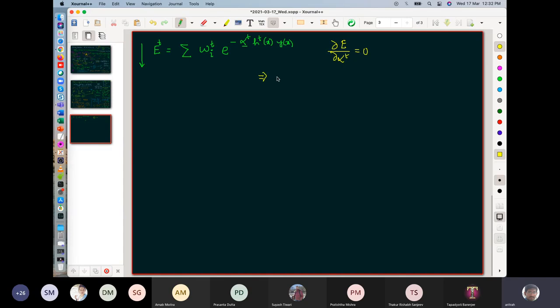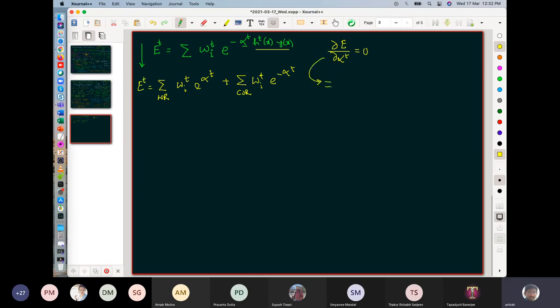It is the sum over wrong points of w_i^t e to the power alpha t, plus the sum over correct points, where the signs agree, of w_i^t e to the power minus alpha t. That is my E at time step t.